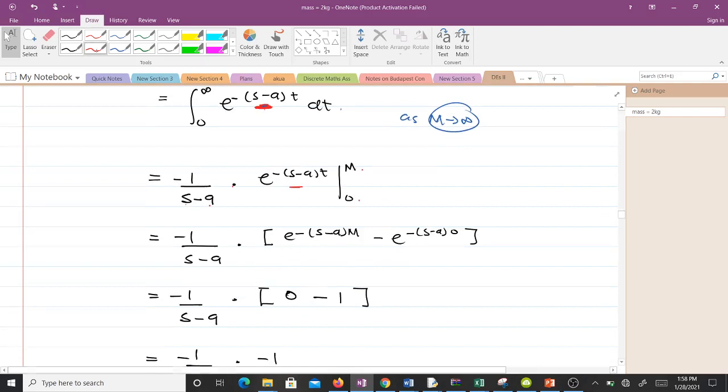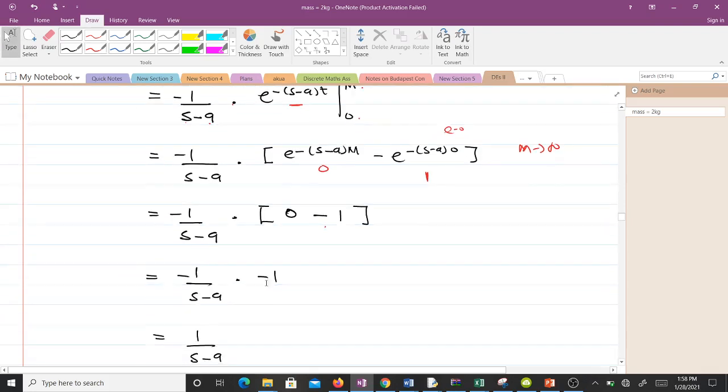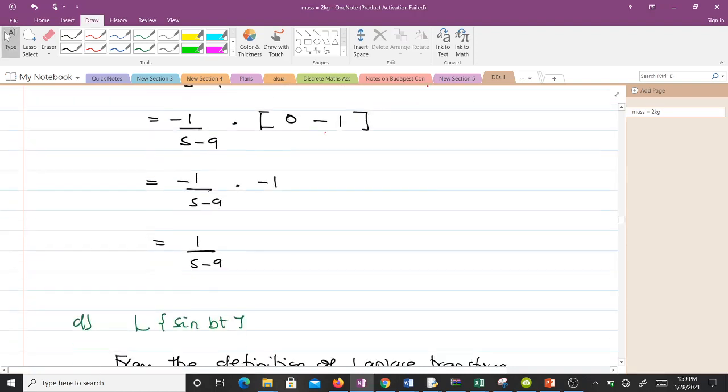From the same analysis we made when solving question 1, as m approaches infinity, this becomes 0. And here, when you put in 0, you are going to get e raised to the power negative 0, which is 1. So you get 0 minus 1 here. This will give you negative 1. When you multiply them, negative 1 times negative 1 will give you positive. So we end up getting this.